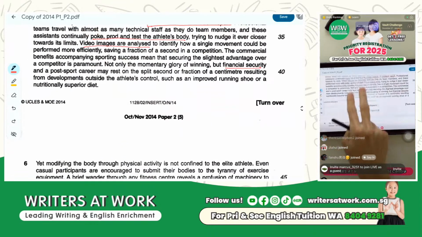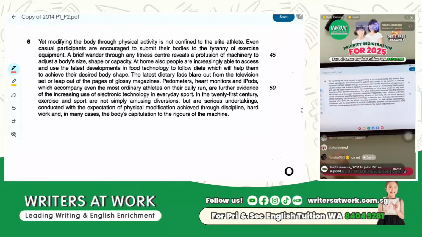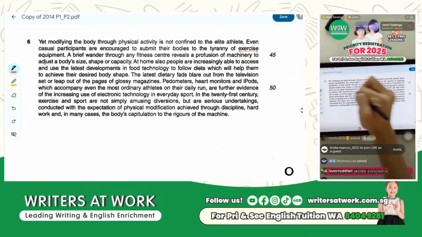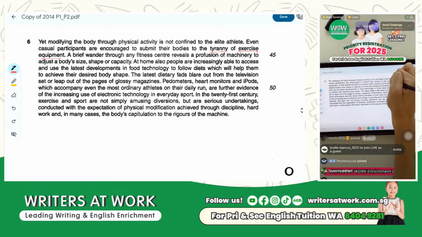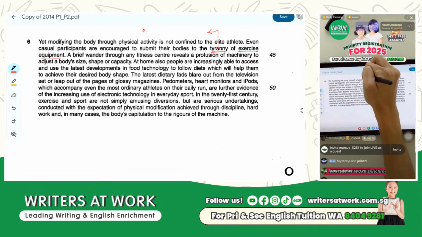Okay, and subsequently in paragraph 6, we talk about even the normal, ordinary people also wanting to use sports technology. Okay, that's why you can talk about how the introduction of exercise machine. Right, tyranny here refers to the oppressive rule.